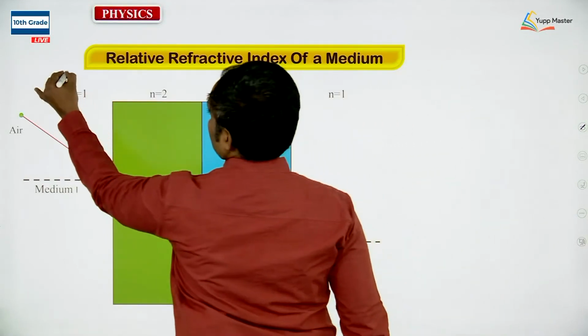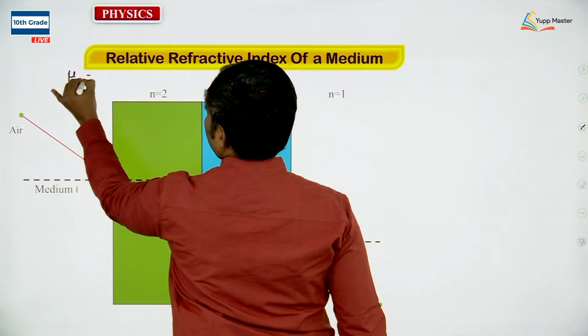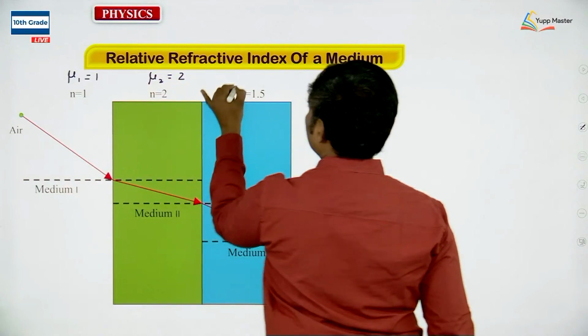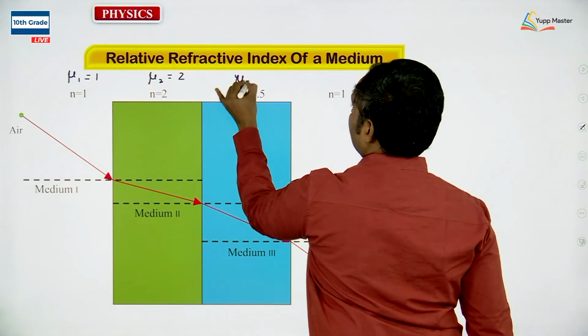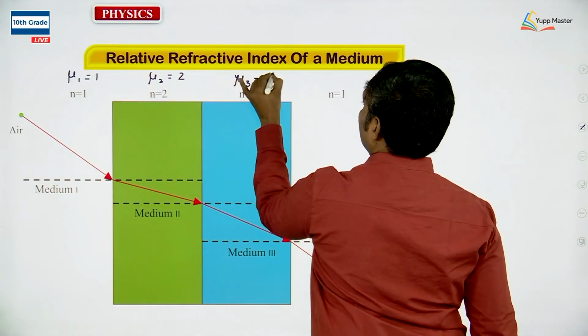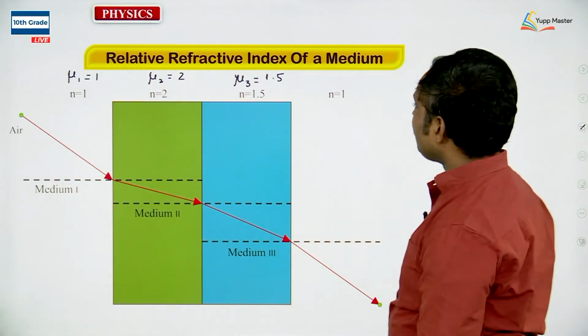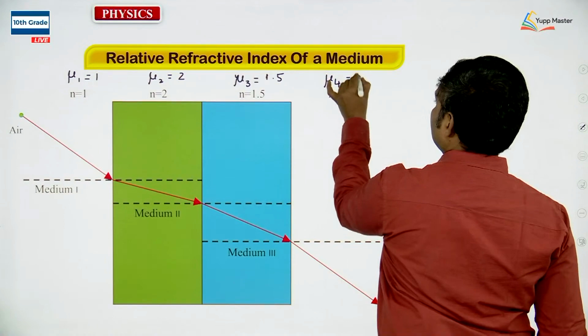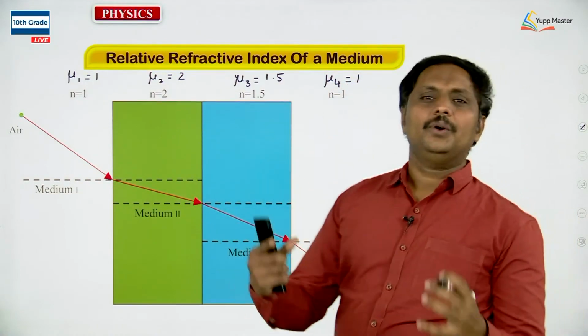All these are identified as mu 1 is equal to 1, mu 2 is equal to 2, mu 3 is equal to 1.5, and again mu 4. So this is the case we have taken.